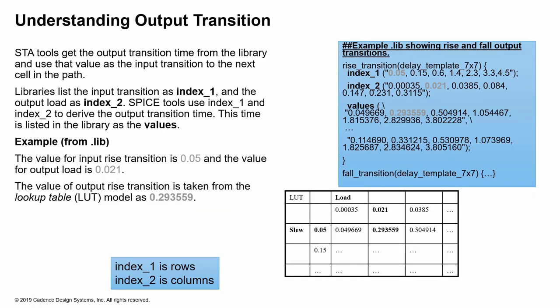Timing libraries capture everything in the form of table lookup, also known as lookup tables or LUTs. The example shown below is nothing but a representation of what's in the library in the form of a table, and is more easily readable.